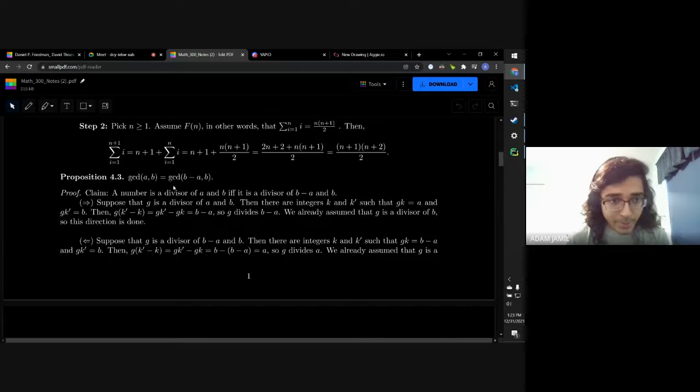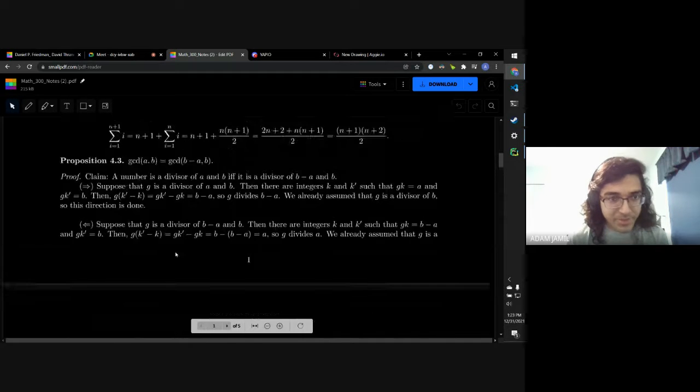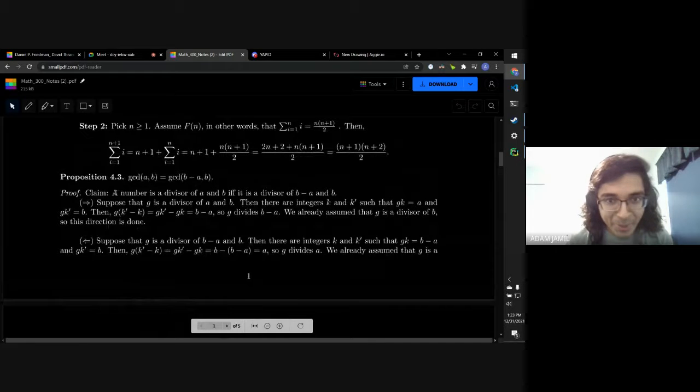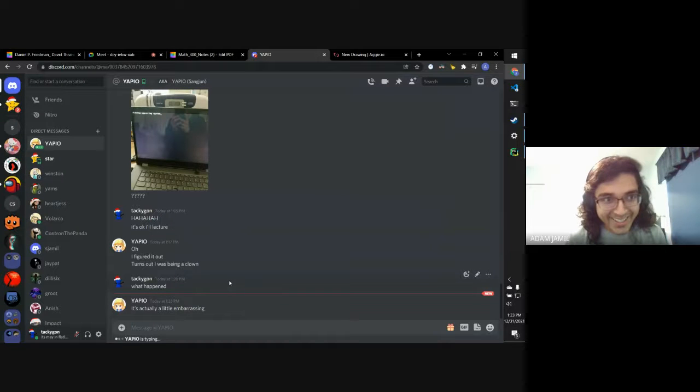Okay, so I haven't read this proposition in a year, so I will try to explain it as I'm reading it. Okay, so what do we have here? A number is a divisor of a and b if and only if it's a divisor of b minus a and b. Okay, sorry, I'll not distract you with this.